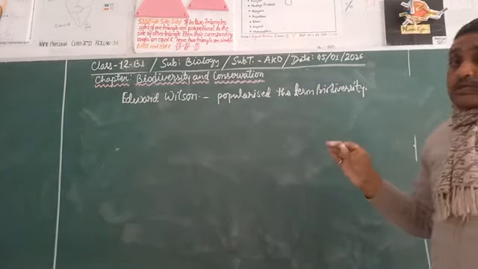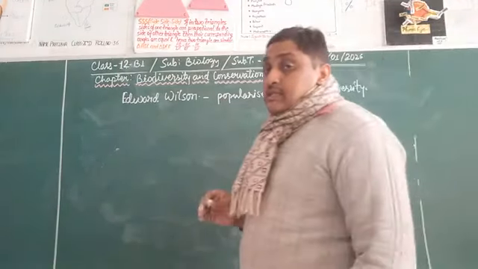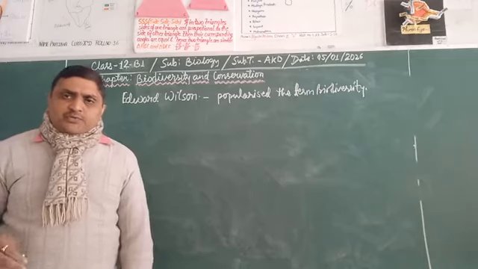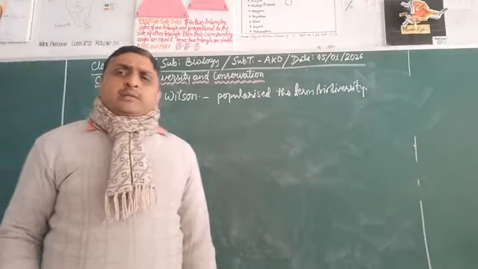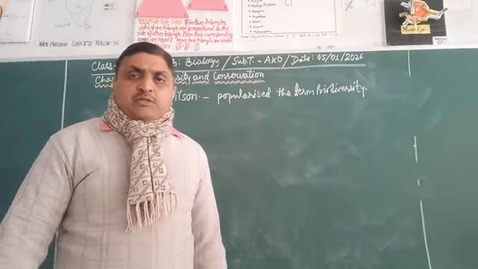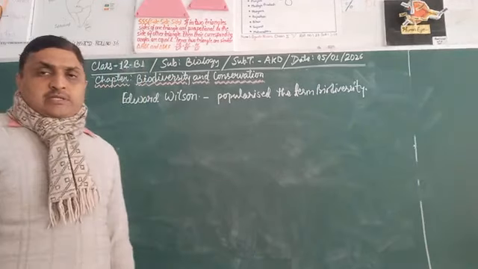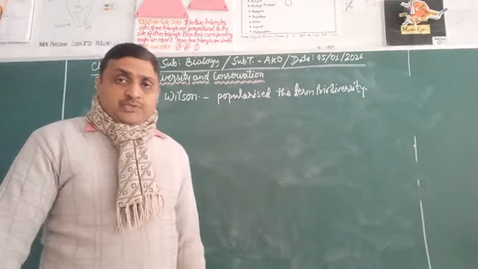So dear students, just remember the scientist names. In this chapter there are 3 or 4 scientist names that have given their theories regarding biodiversity. So just remember them, as there may be a chance of questions from that.